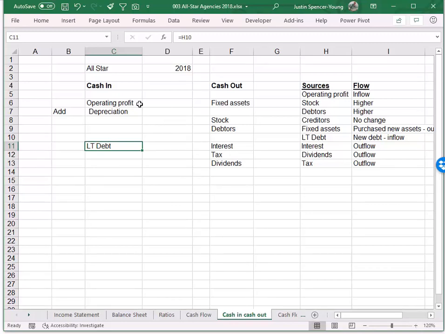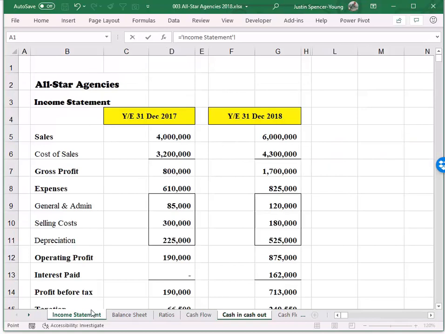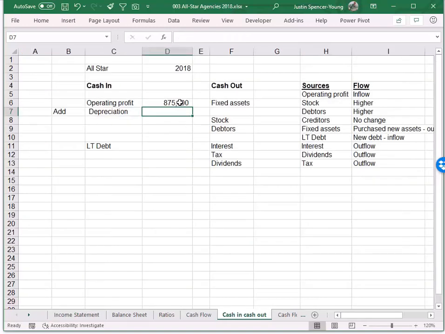So let's start with the operating profit. We want to go to the income statement, and we want to get the operating profit from the 2018 year. There it is. So we're taking into account the sales, the cost of sales, all these expenses, and we're putting that into the cash flow statement at 875,000.